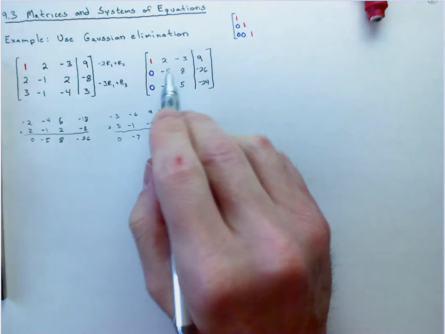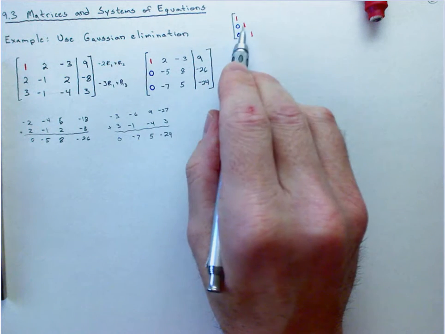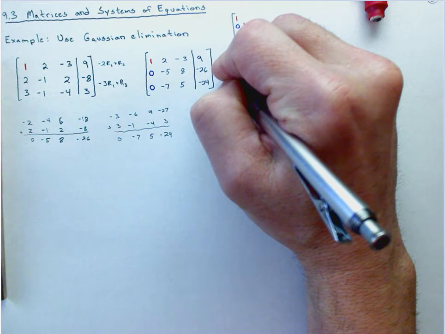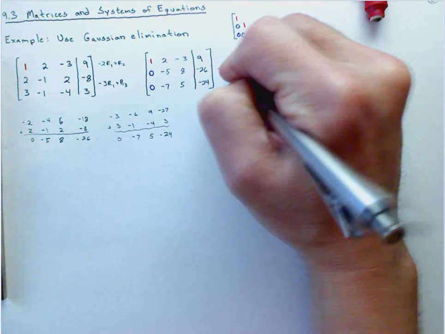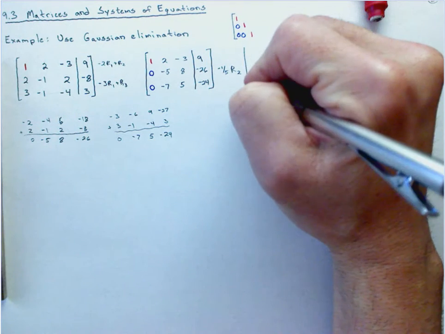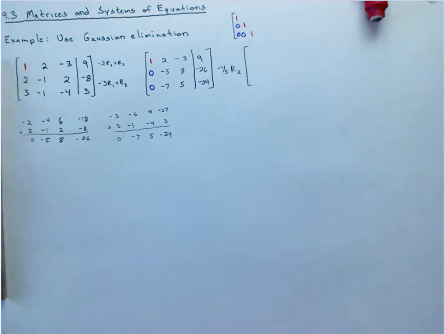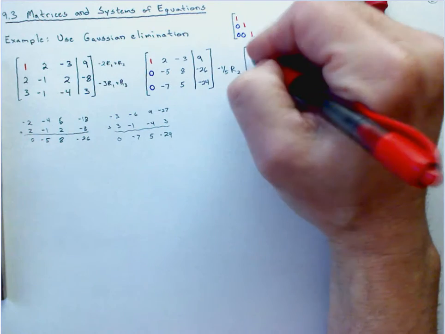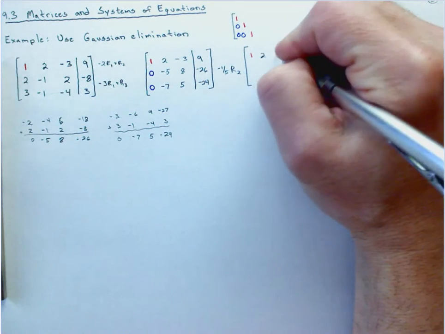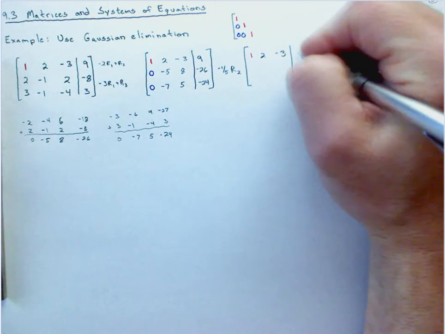Now I'm going to turn my negative 5 into a 1. That's what I want next. So I'm going to simply say negative 1/5 times R2. Row 1 is 1, 2, negative 3, 9.